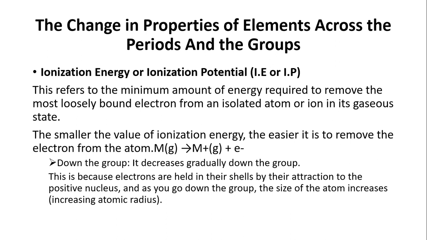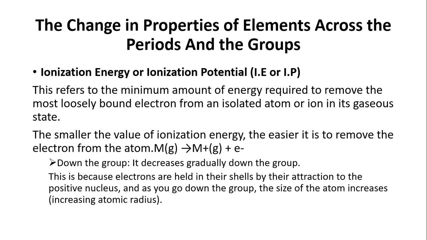These are more of the various changes which we've discussed before. So our first one is ionization energy or ionization potential, simply IE or IP. Now, what does this mean?